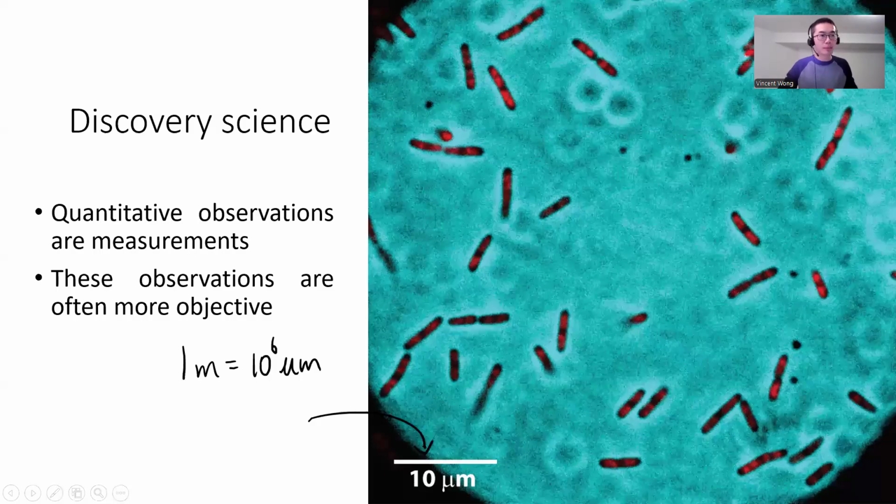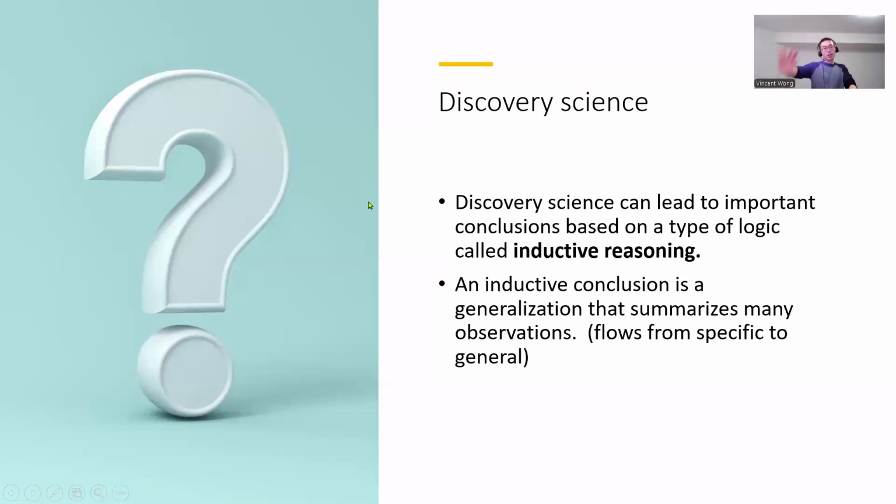Let's do a few more slides. So, in discovery science, we are making all these observations. We write down a bunch of observations, and generally we're not going to be doing discovery science on something we already know. You're not going to do discovery science on an apple. We already know what an apple is. There's not many questions we can ask about it, I suppose.